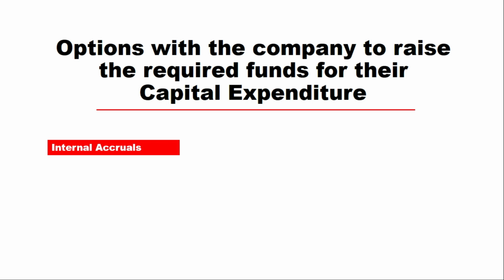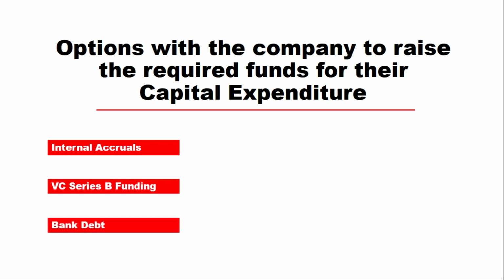1. The company has made some profits over the last few years. A part of the capital expenditure requirement can be funded through the profits. This is also called funding through internal accruals. 2. The company can approach another venture capitalist and raise another round of venture capitalist funding by allotting shares from the authorized capital.